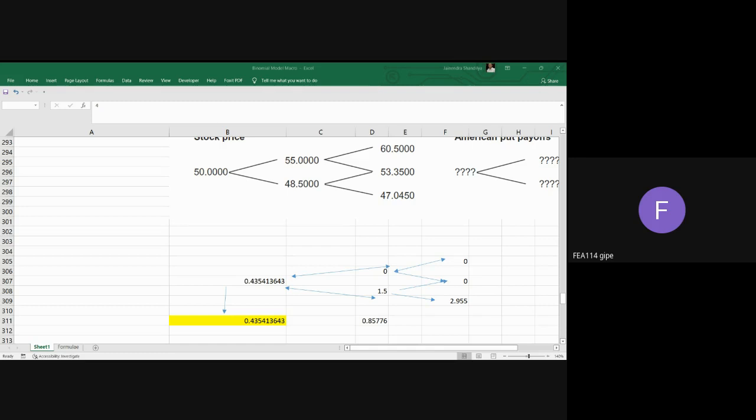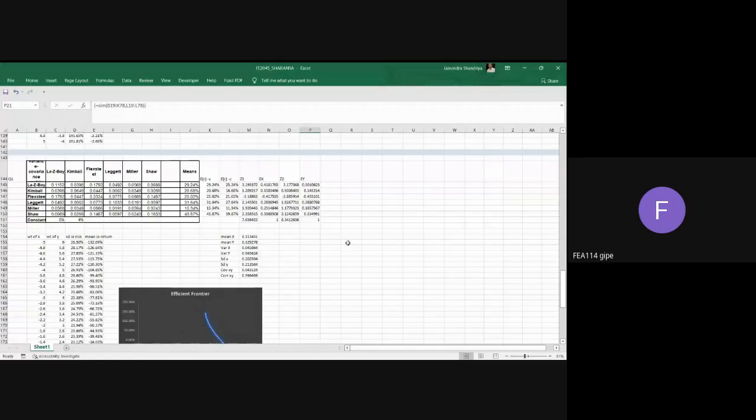What has Sharanya done? I need to share it actually. So Sharanya, I'm showing your Excel sheet. Is it okay? Yes, sir.